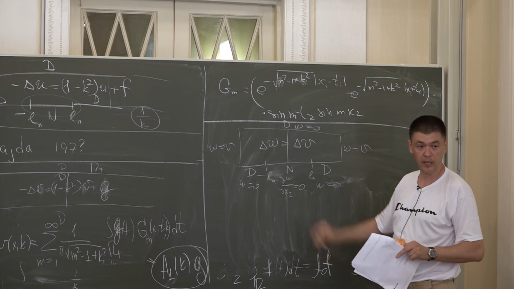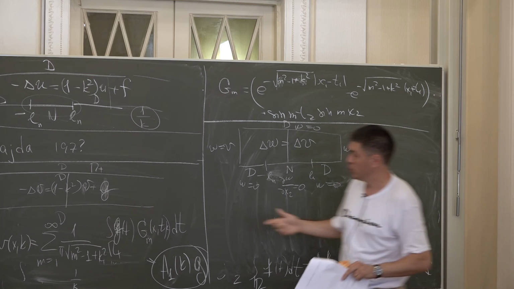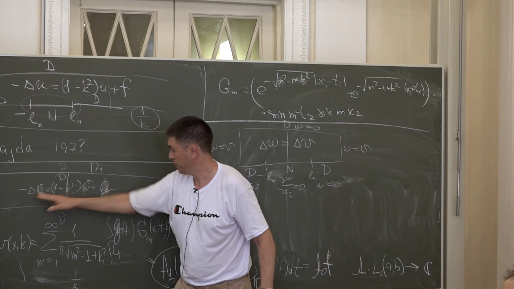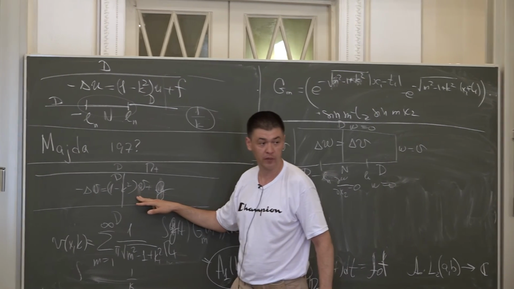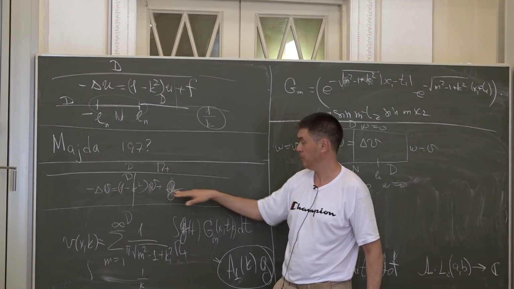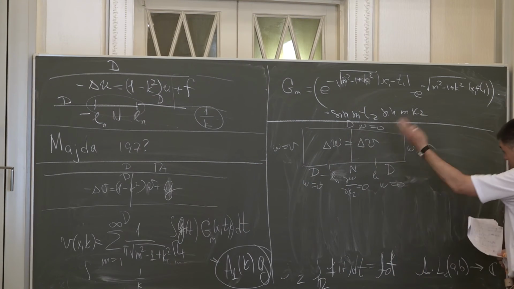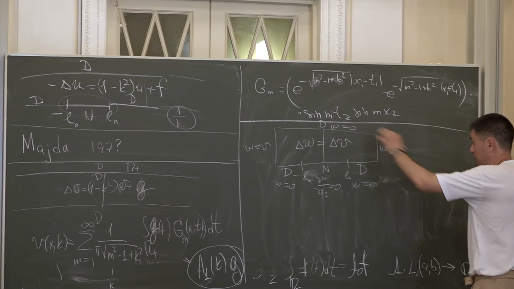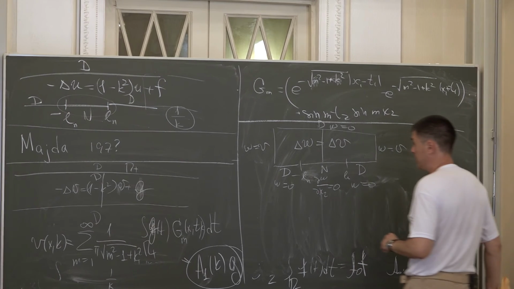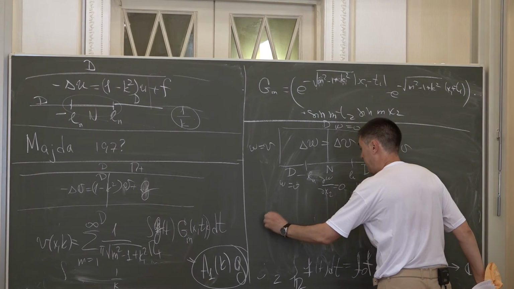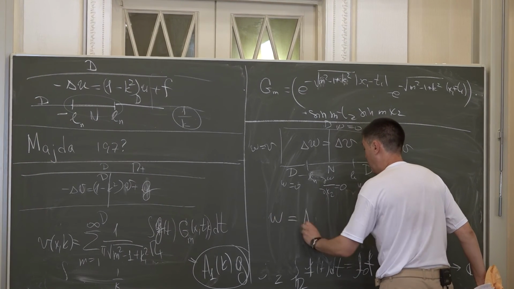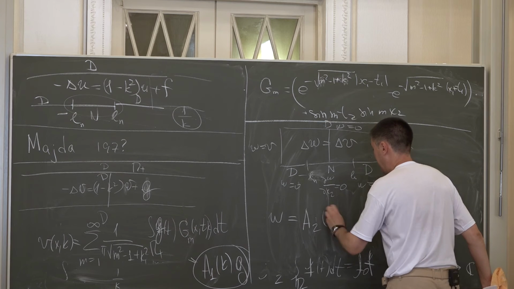I just don't care about this line. Another way will be to express the Laplacian of V from the equation for V. It's actually the same function V plus J.